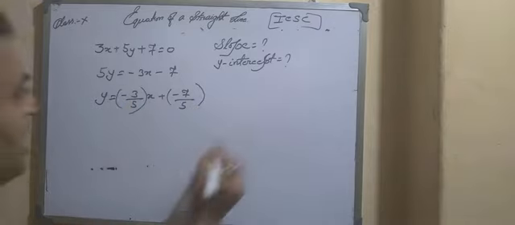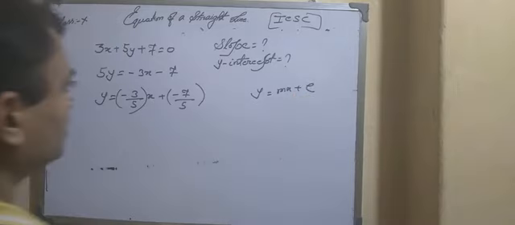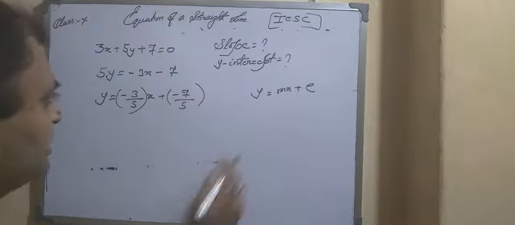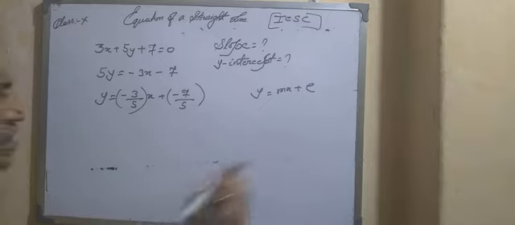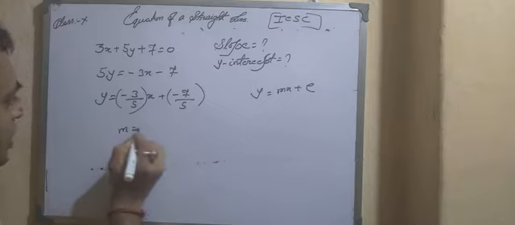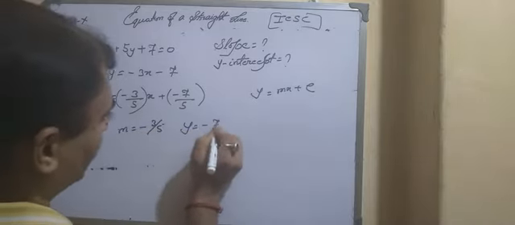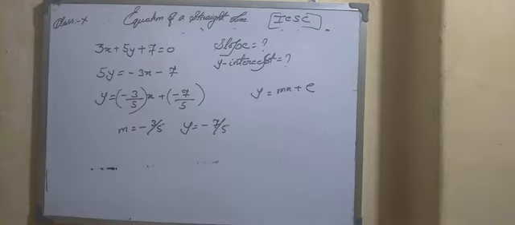Now just compare with this equation. That means m is equal to minus 3 by 5 and c is equal to minus 7 by 5. So wait for our next math.